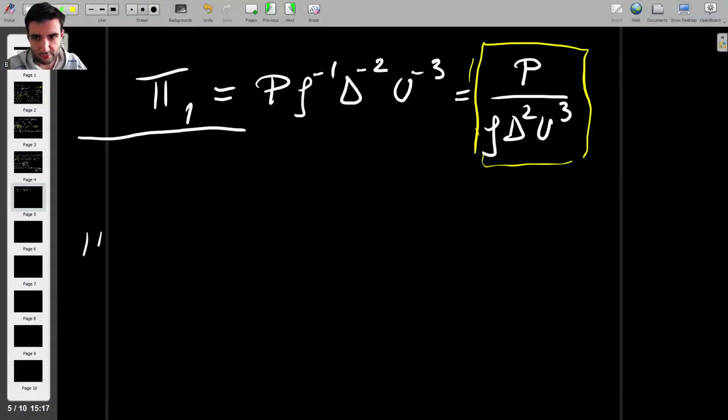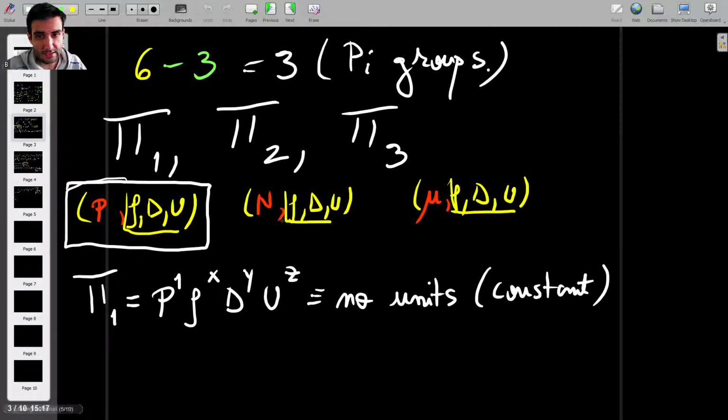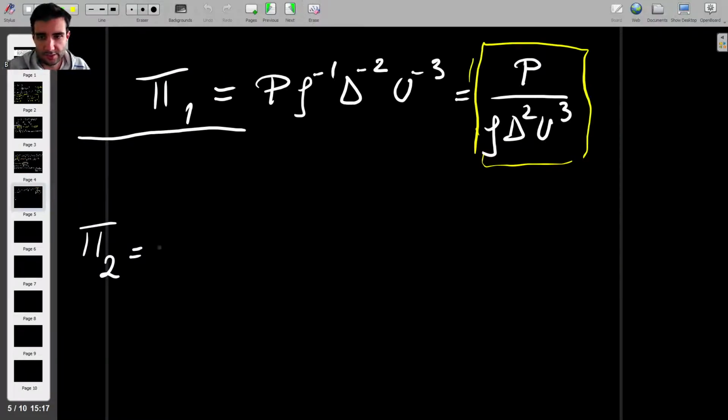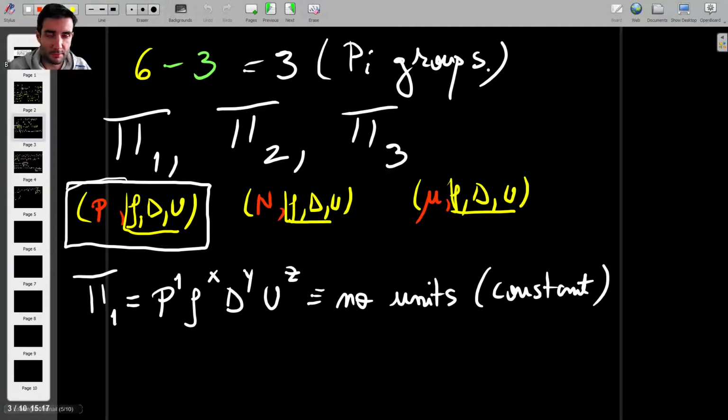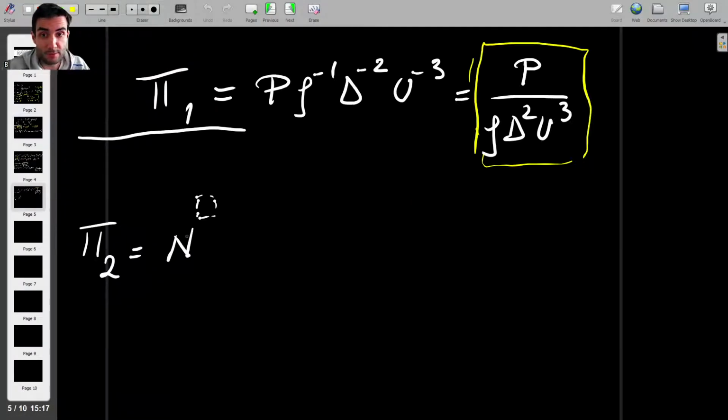So the second pi group doesn't actually have power in it, but it has n, right? That's the rotational speed of the blades. So that's going to be equal to n to some power, which I'll come back to in a second. And then the repeating variables have unknown powers once again. So this is rho, d, and u.